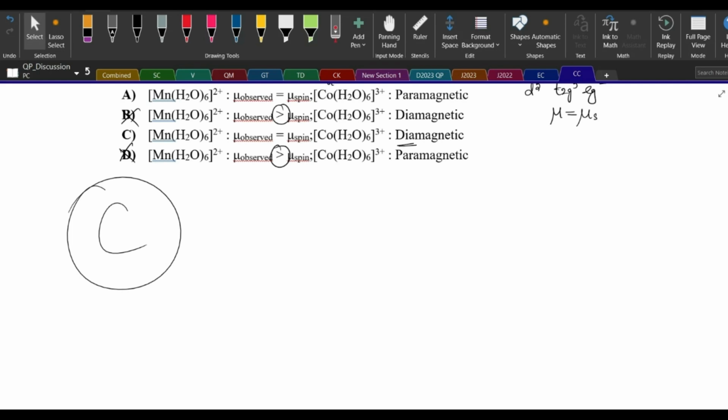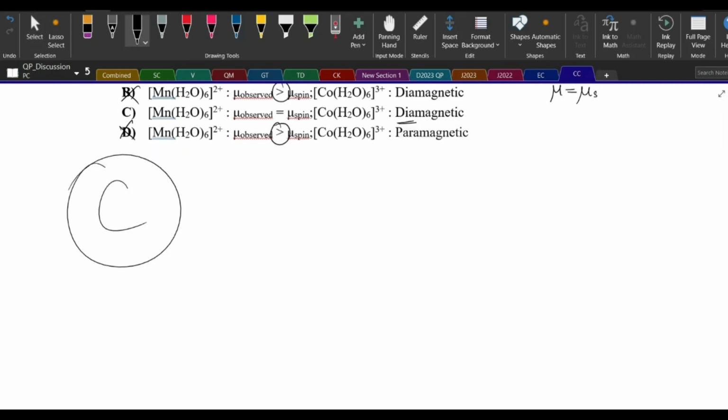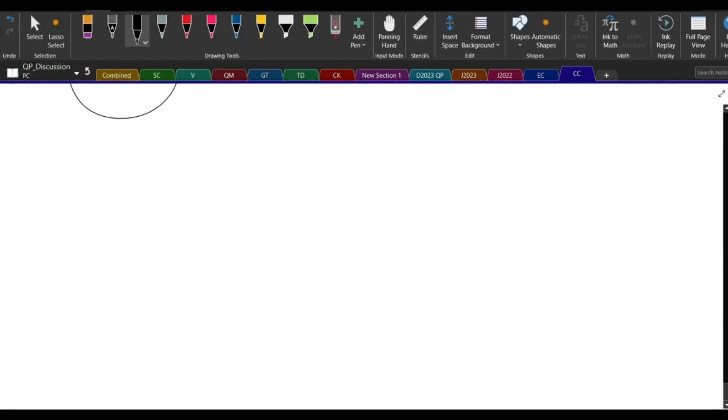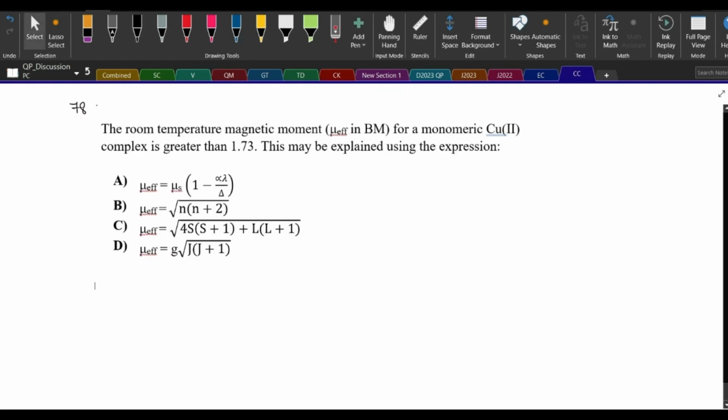Next question. Spin in the question actually കഴിഞ്ഞു. This question is mark this as important. 78. So coordination complexes നമ്മൾ പറഞ്ഞു that when you have spin only നിങ്ങൾ അത് unpaired electrons ന്റെ മേലെയാണ് അത് ഡിപെൻഡ് ചെയ്യുന്നത്.